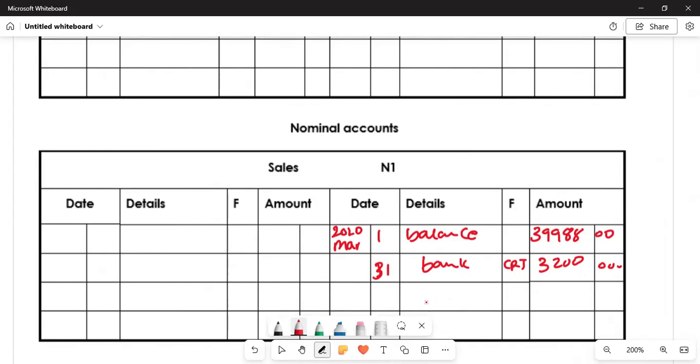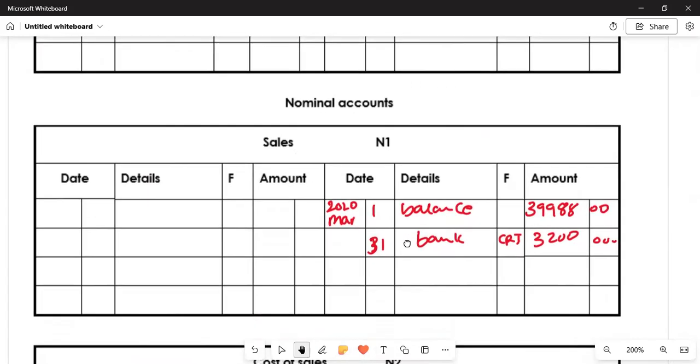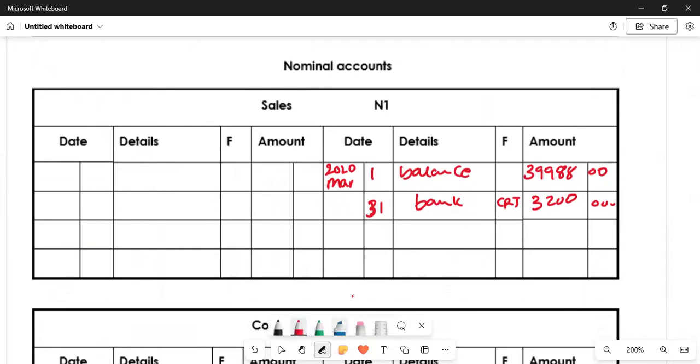So we also have debtors control, where debtors control is from the debtors journal, like we always say, of how much? 24,208.